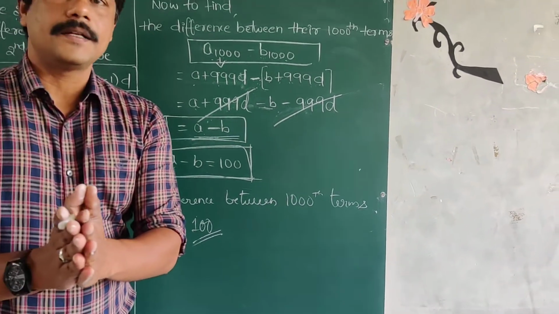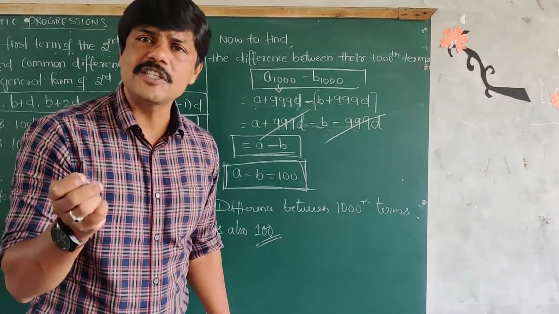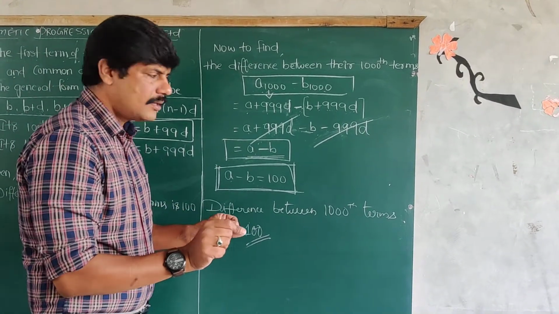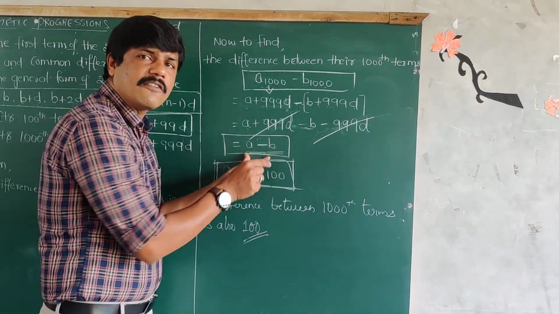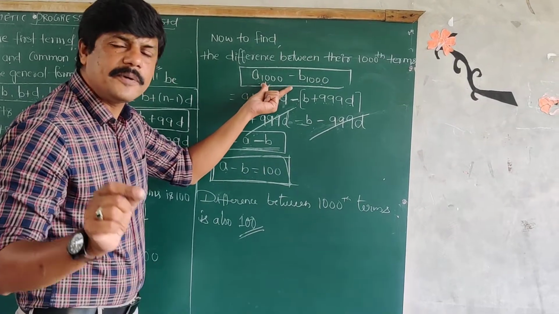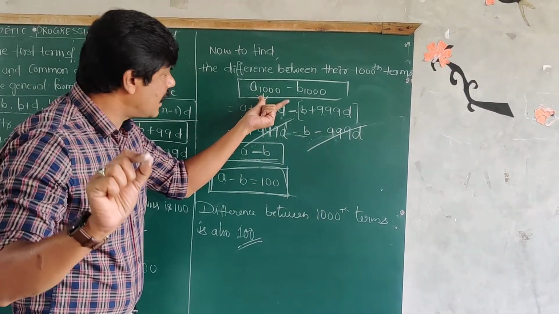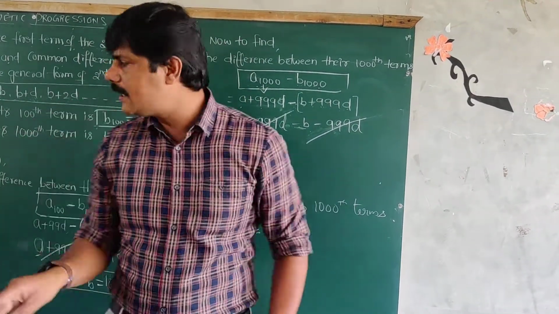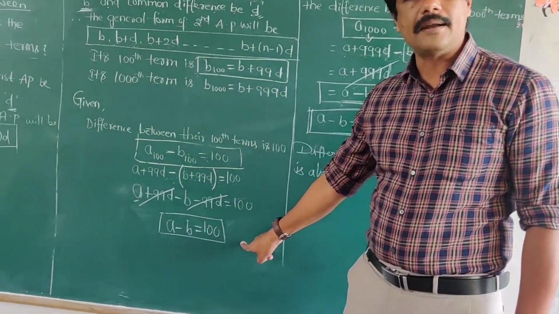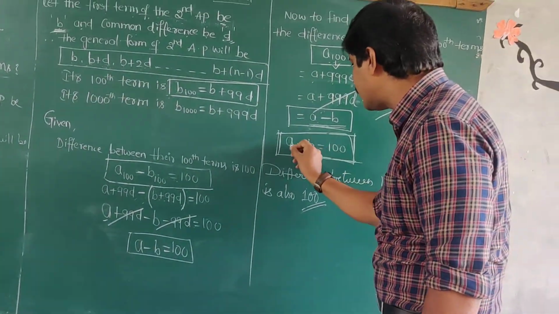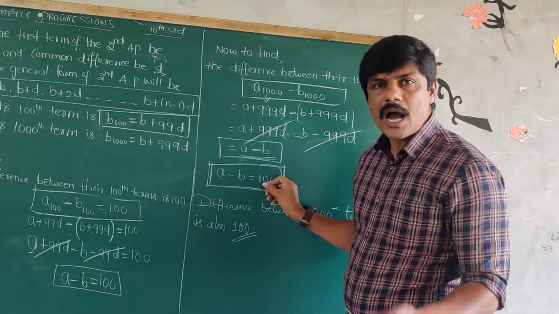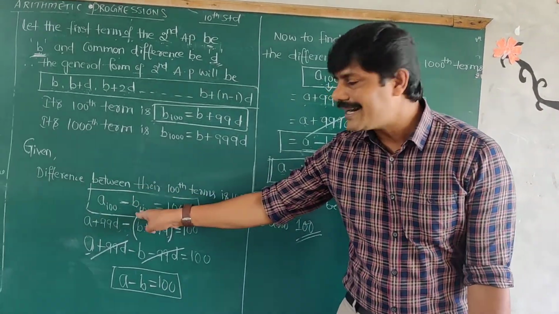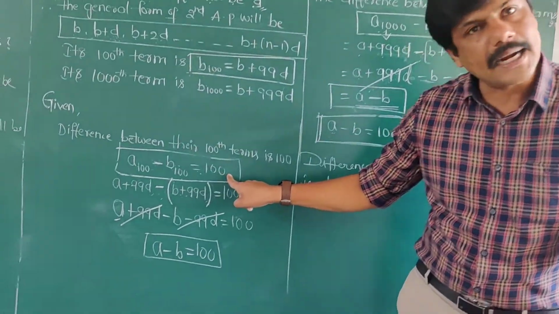Understand properly? After finding the difference between the thousandth terms, we got the difference between the first terms. The difference between the thousandth terms has become equal to the difference between the first terms. We found that the difference between the first terms here is 100. Therefore, we say that the difference between the first terms is 100. Understand very properly. The difference between the 100th terms of the two APs is 100.